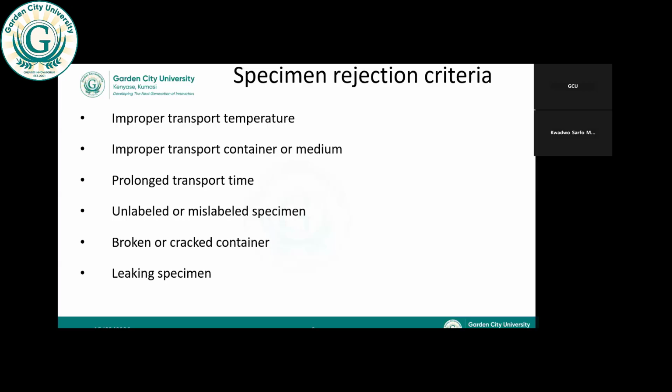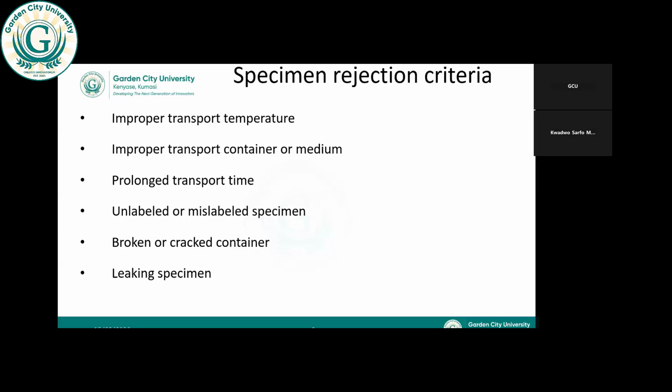So we don't encourage transporting blood in a syringe with the needle also attached. Sometimes you see plaster being used to cover, or the blood kept in the syringe and then wrapped with gloves. These are reasons for rejection. They should be put into the right containers.